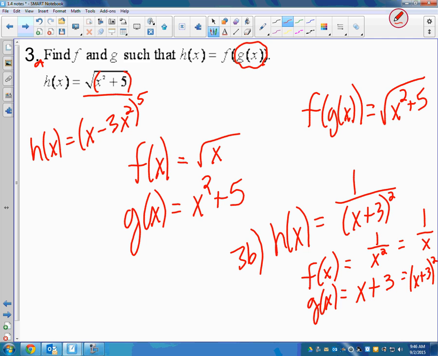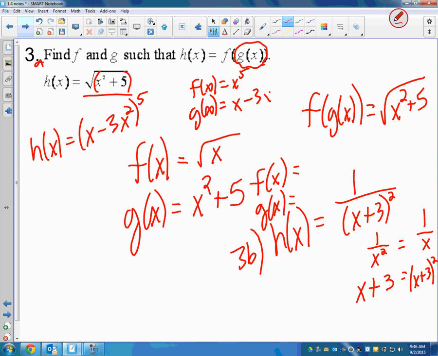Anytime something's all raised to the power, to me, that would break up as x to the 5th, and then the inside function is what's on the inside, which is x minus 3x squared, because I'm going to take all that and plug it into the outside function. So those are kind of big things to look for. Everything to a power, a square root sign, a fraction. Those are kind of outside functions, and then what's inside would be your g of x. So we'll see how we do on those.